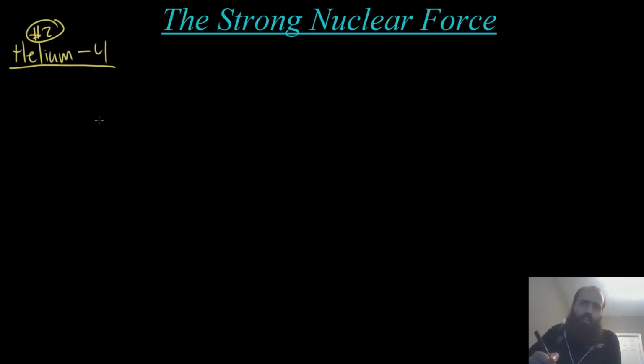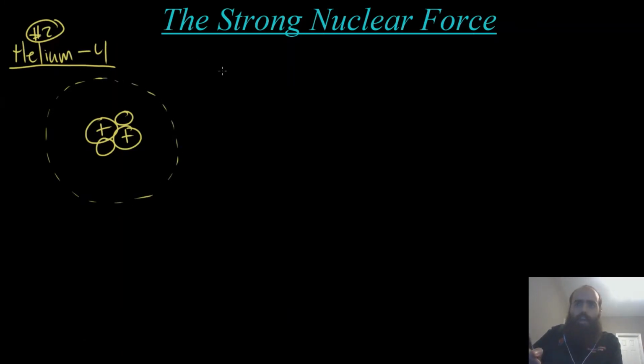If it's helium 4, then there are also 2 neutrons in your nucleus. And then your atom has an electron cloud, and those electrons surround the nucleus and are negatively charged. So this is a very simple illustration of what a helium 4 nucleus might look like.